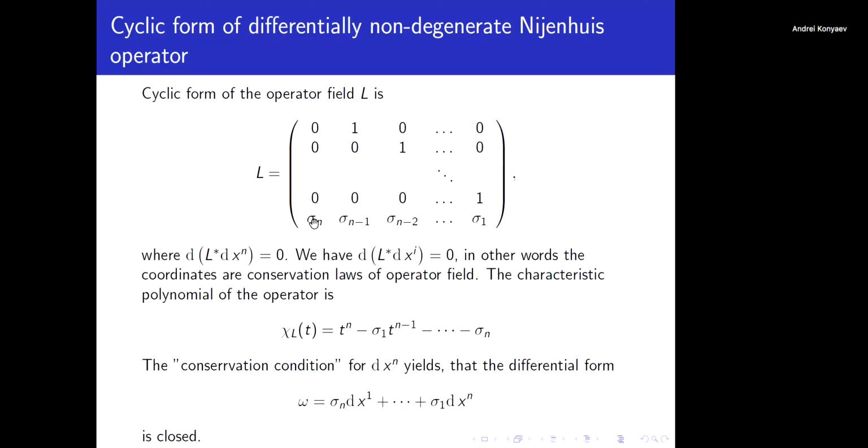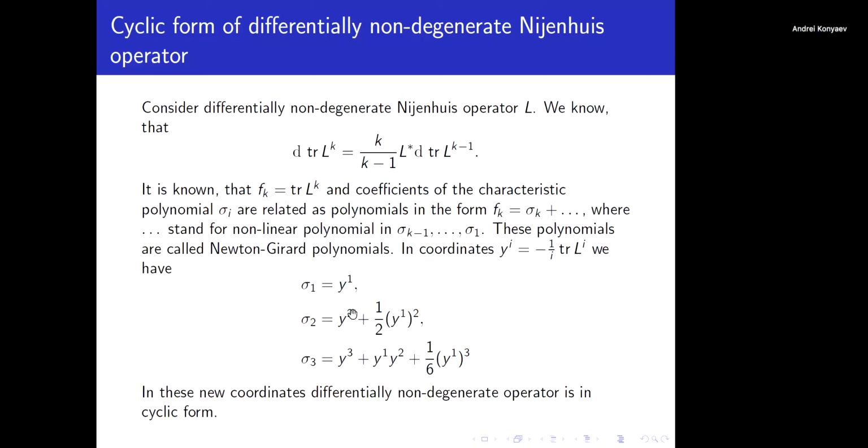The functions in this first column were linear, right? And here we do not have linear functions. We have polynomials, but we have the last column. So we see that our differentially non-degenerate geometry includes a good form of cyclic geometry, right? You need only to change the coordinates to a different thing.